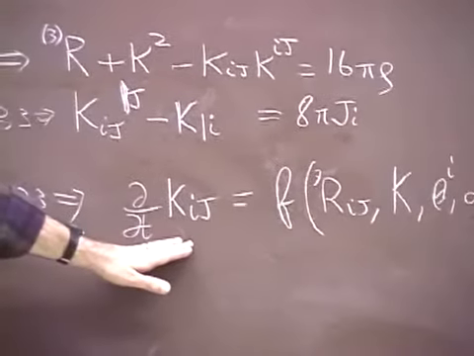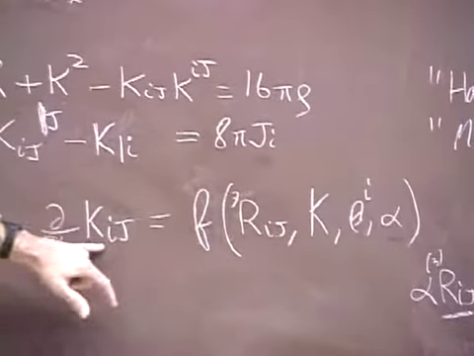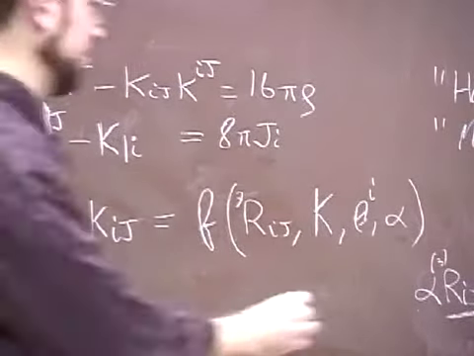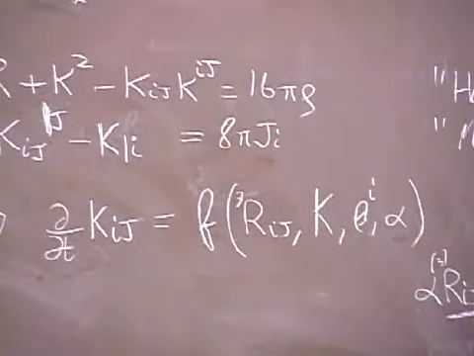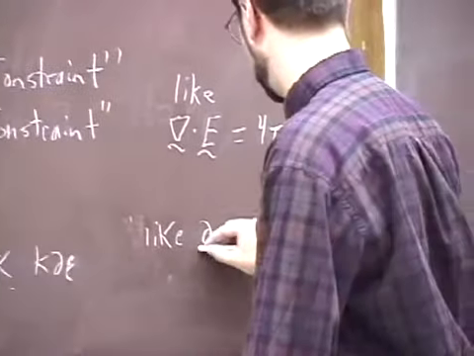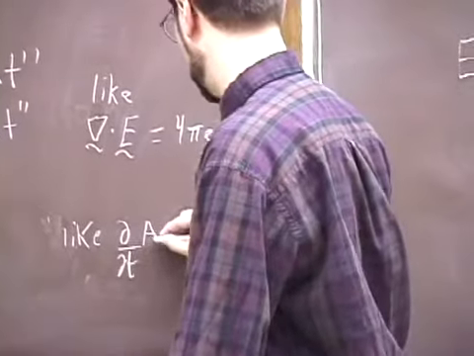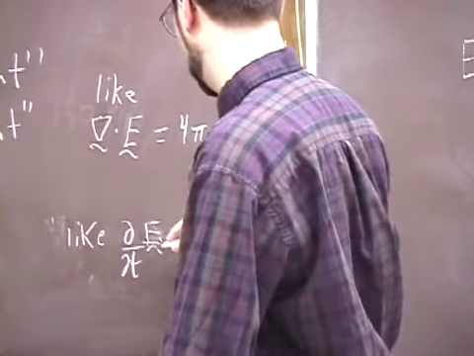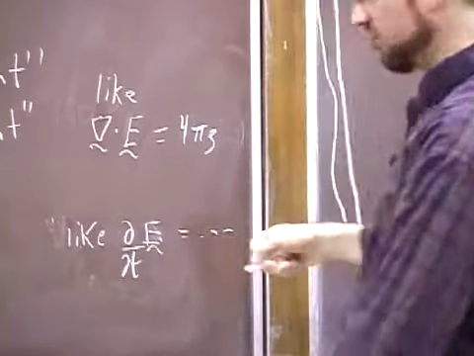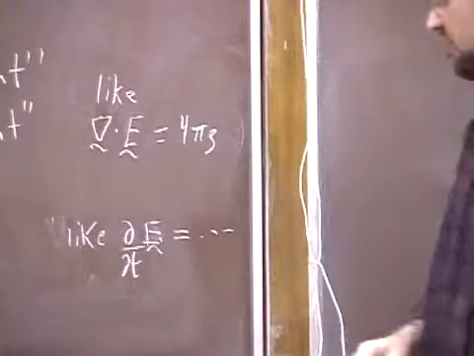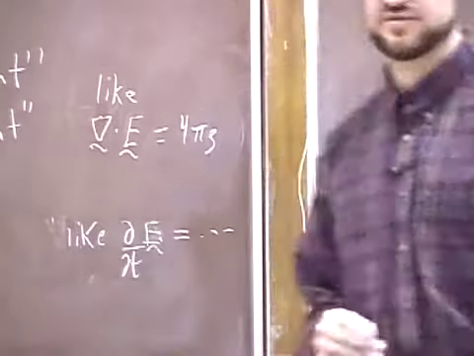And this equation, where it says time derivative of K equals something, is like the time derivative of E is the curl of A plus the matter term. There's also matter terms here too.